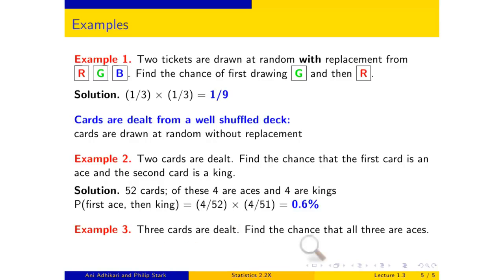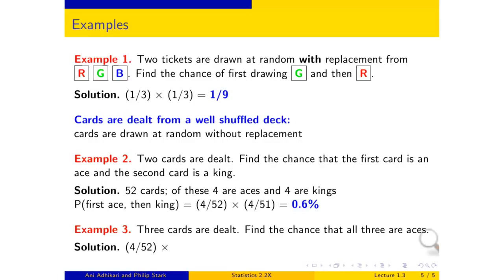So if you deal 3 cards and you want the chance that all 3 are aces, then what do you do? Well, what's the chance that the first one is an ace? 4 in 52. Fine. So now what do we want? Are we done? Nope. We want the second one to be an ace as well. So we are going to multiply by what?